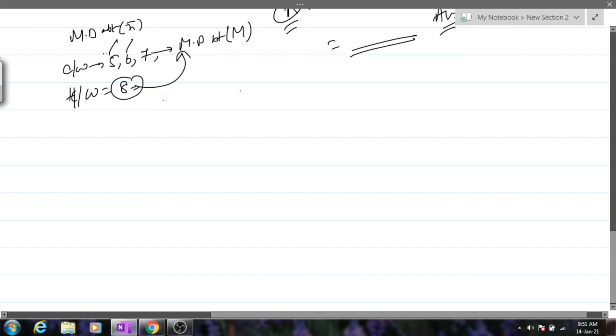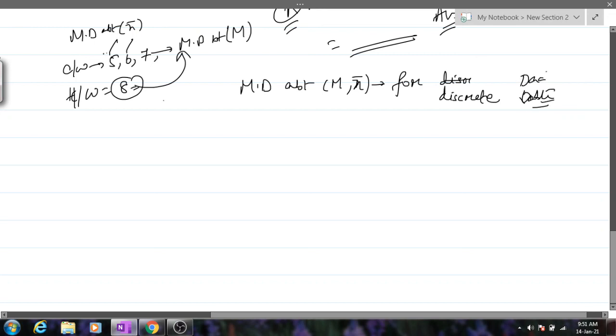So today we had done mean deviation about mean and median for discrete variables or tables, discrete type of data. Next day we'll start off with mean deviation about mean and median for continuous frequencies.